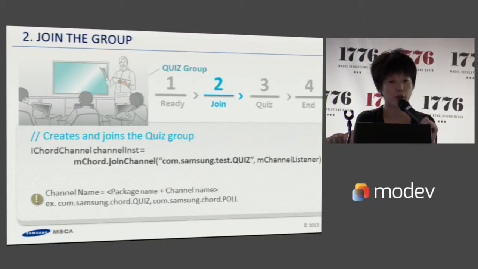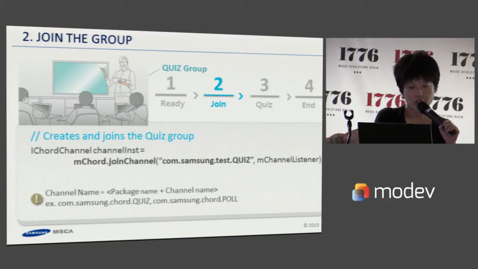Now the teacher will create the quiz group. So here we use a private channel, com.samsung.test.quiz. Normally the channel name is a combination of your package name and your separate channel name. So the first time when we call join channel, since the private channel doesn't exist, a new channel will be created.